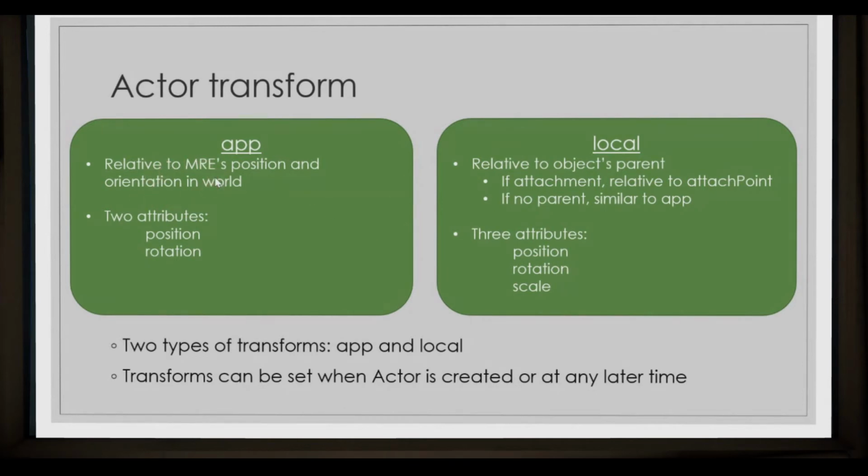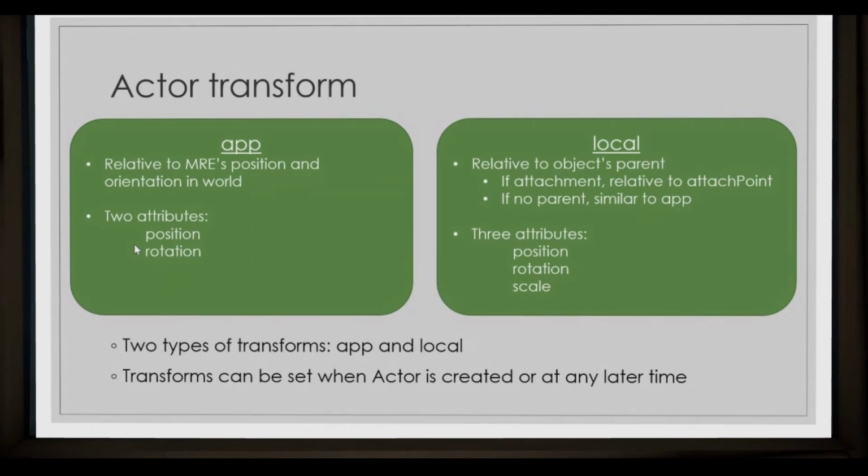The app transform is a little different. Even if it is a child of something, when you create something and set its app.position property, it sets it relative to the app, or where the MRE's 0, 0, 0 is, wherever you have the MRE in the world. It'll also be relative to the MRE's rotation.